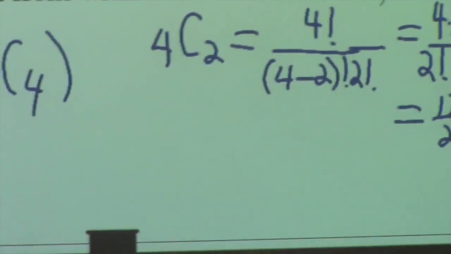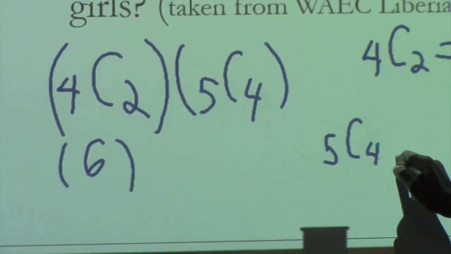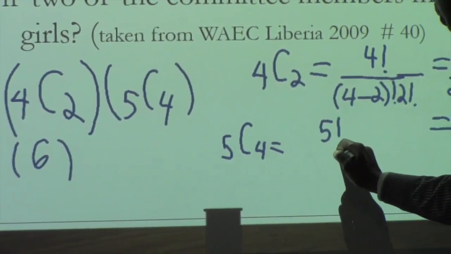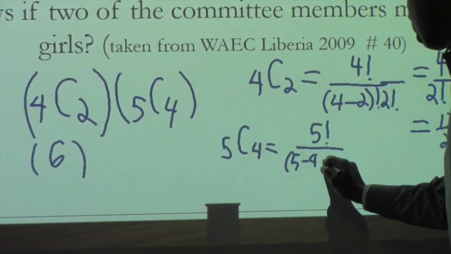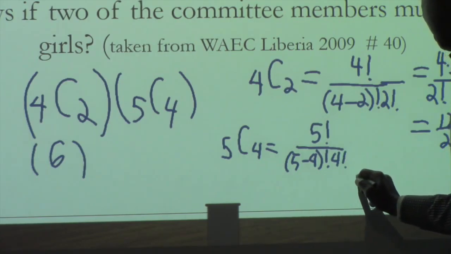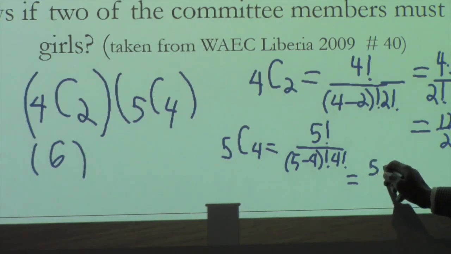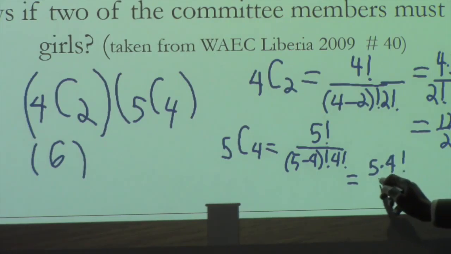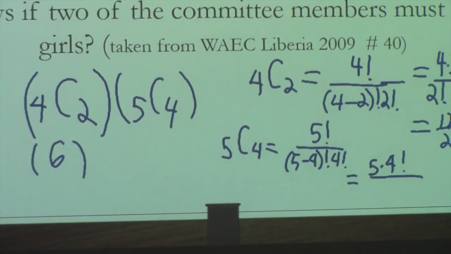So let's do the one for the boys. So for boys, I'm computing what? 5C what? 4. So I have 5 factorial over 5 minus 4 factorial times 4 factorial. So I'm going to bring it over here. 5 factorial, I'm going to do 5 times 4 factorial over 5 minus 4 is 1.